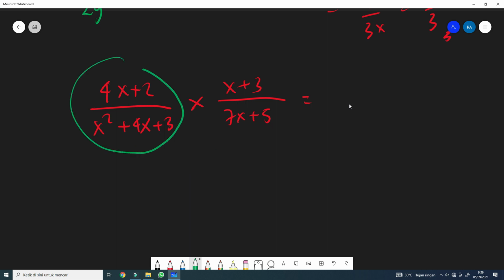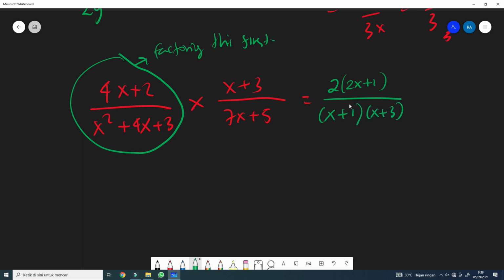So it is better to factorize this side using the same way as before and let it become 2 multiplied by 2x plus 1 over x plus 1 and x plus 3. Then we multiply by x plus 3 over 7x plus 5.